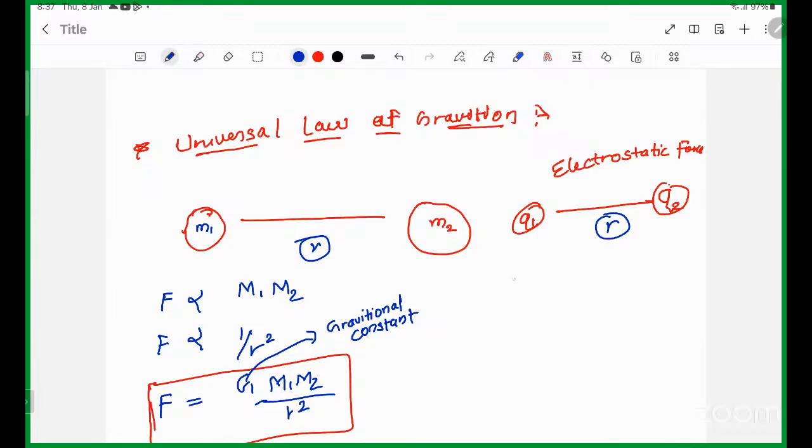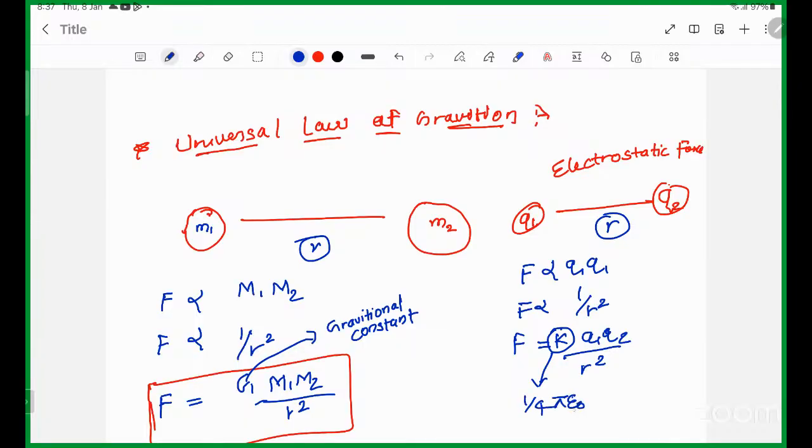In this case, the force is directly proportional to the product of the two charges and inversely proportional to the square of the distance between them. So the force is equal to k q1 q2 upon r square. This value of k we write as 1 by 4 pi epsilon.